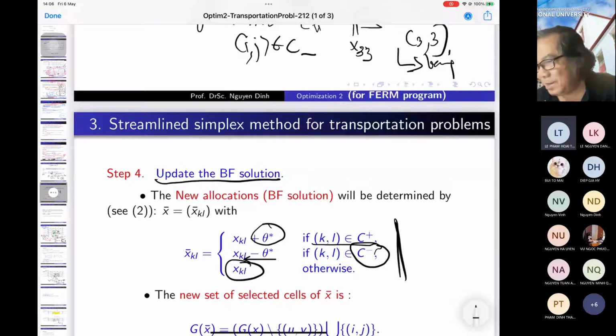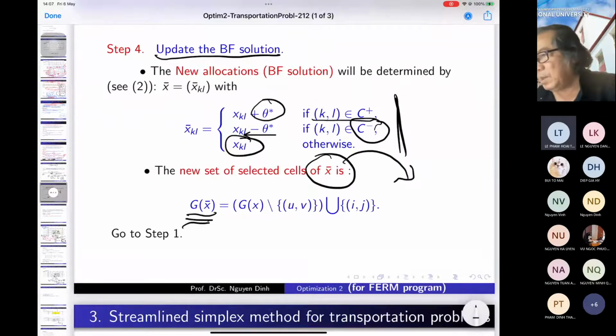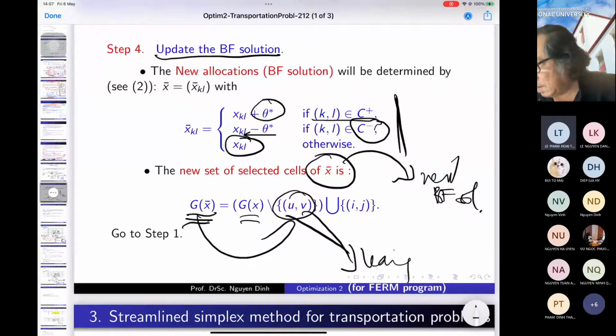So we have the new set of selected cells: X bar is the new BF solution, and GX bar is the new graph, where the new set of selected cells is the old set, delete the leaving cell, and add the entering cell.